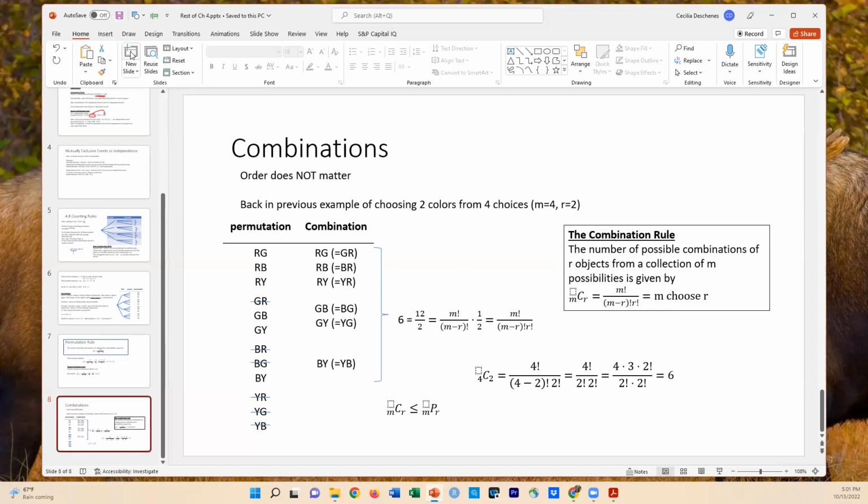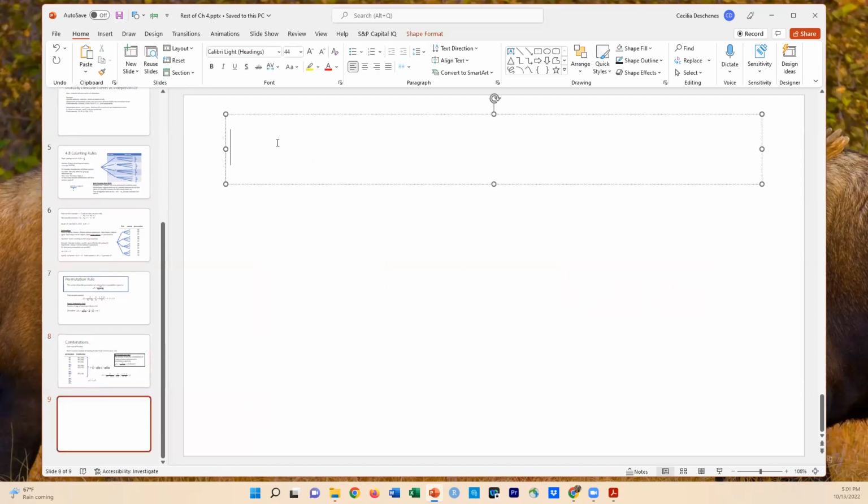And then the last thing we want to talk about is the applications of all this counting stuff to samples.